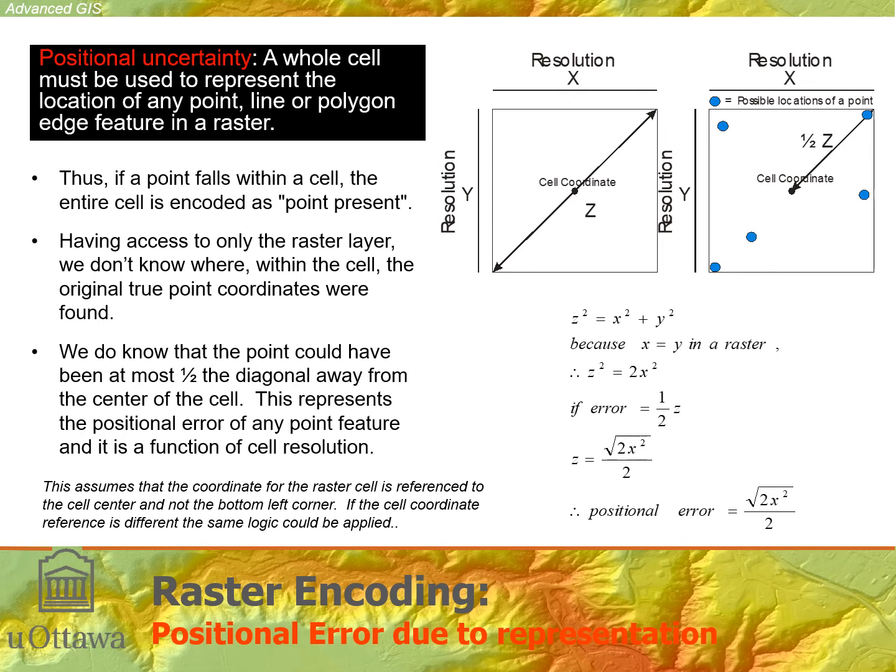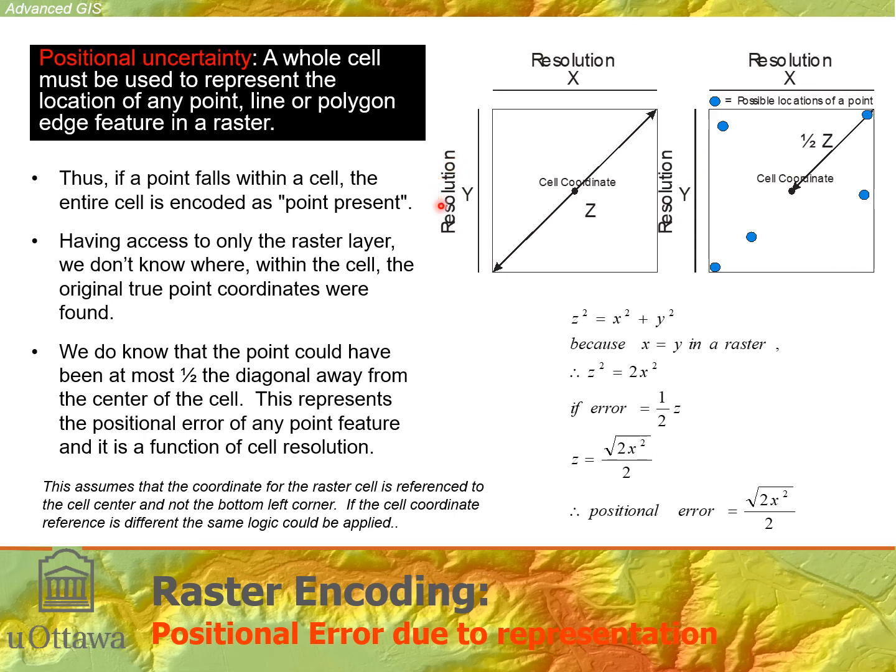This applies to points, lines, and polygon boundaries that go through cells, because a whole cell must be used to represent the location of any point, line, or polygon, or even an edge feature in raster, because all we have are cells to represent things. So if a point falls within a cell, then the cell will say point present, and the coordinate will be the centroid of the cell rather than the original coordinates of the point that fell within the cell.